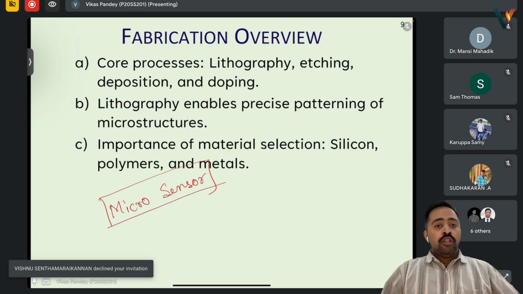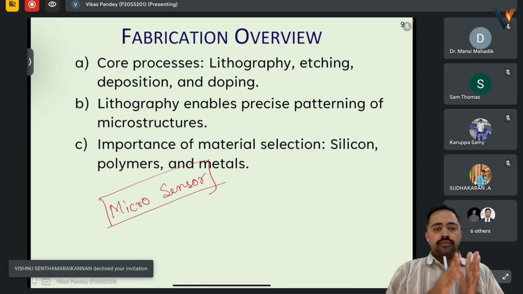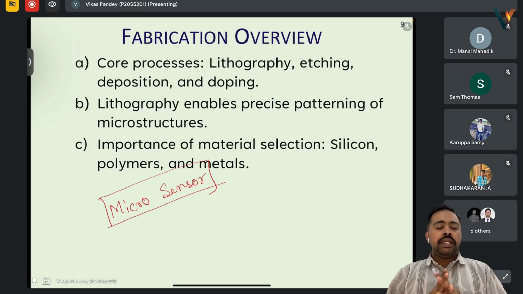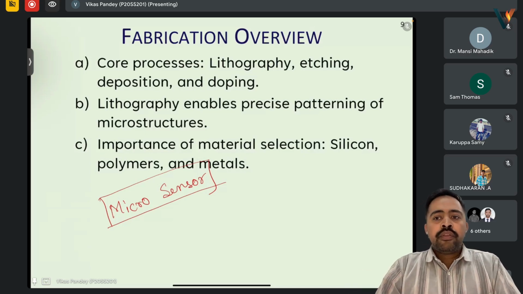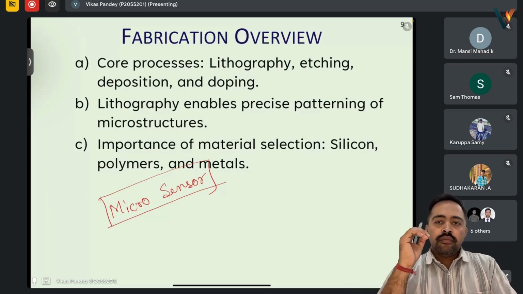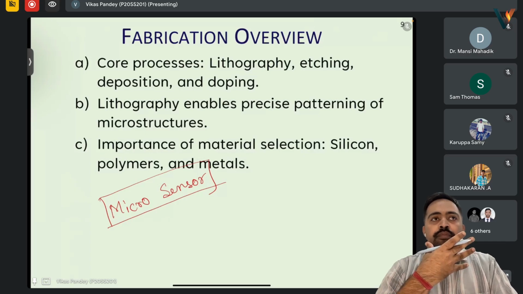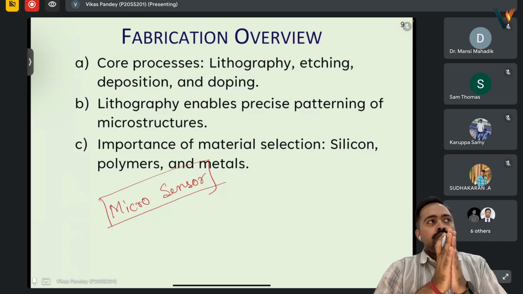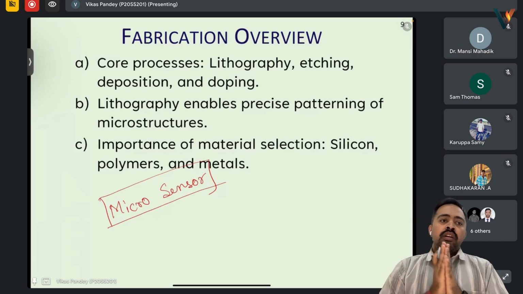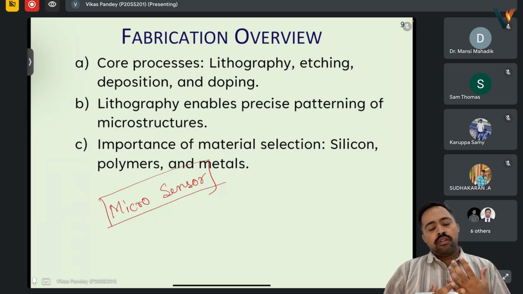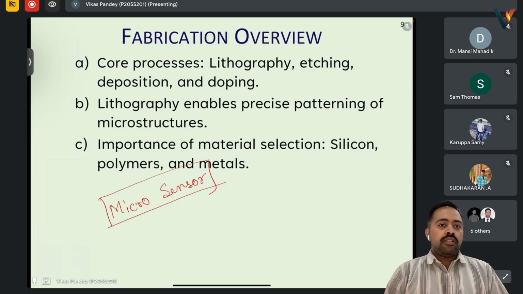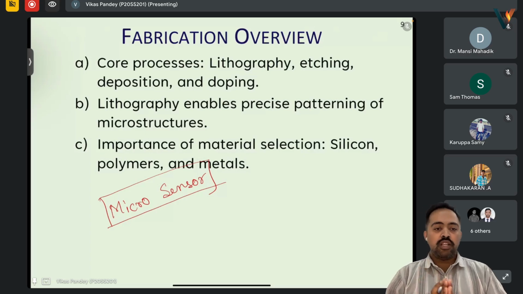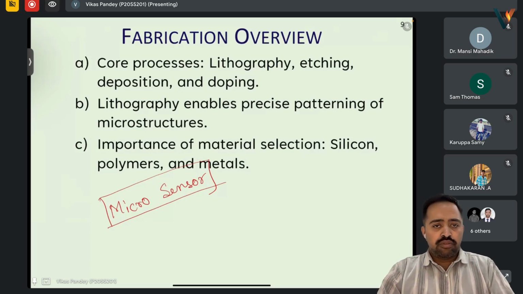Okay, now we are starting our main topic: how these things are made, how they are fabricated. There are some core processes that come from semiconductor chip fabrication, where the process has been optimized in semiconductor fabrication facilities, and similar processes are used for MEMS devices also.